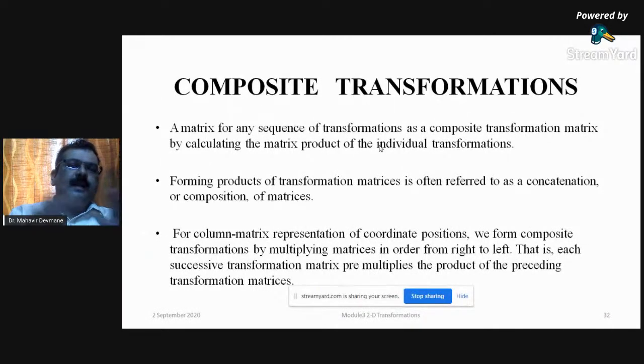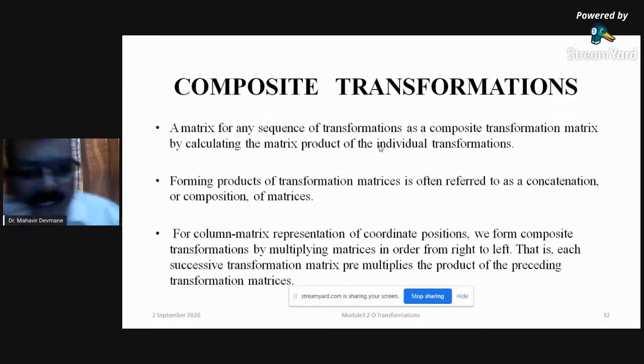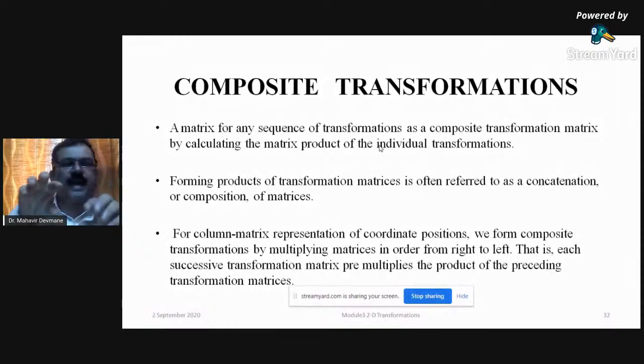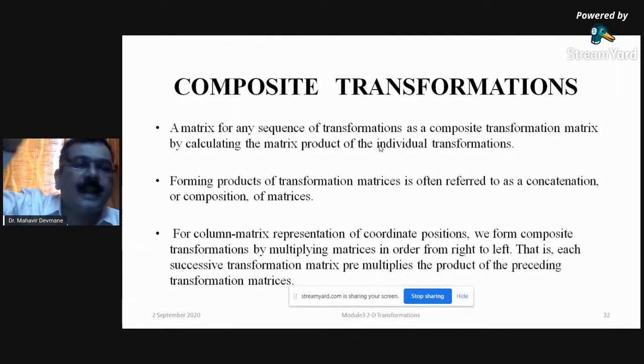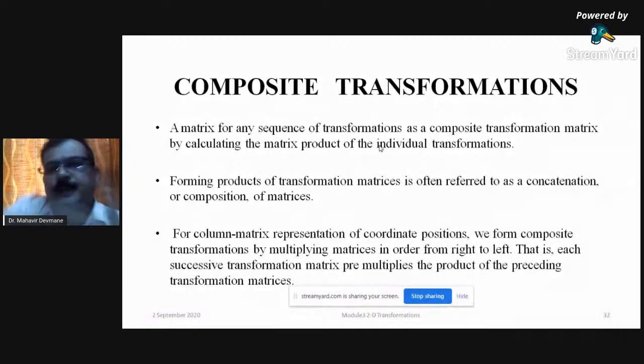In a composite transformation, I have done the translation, and after that I take the translated object and do another operation on it, like a rotation of that object, or scaling of that object, or again a translation of that object.